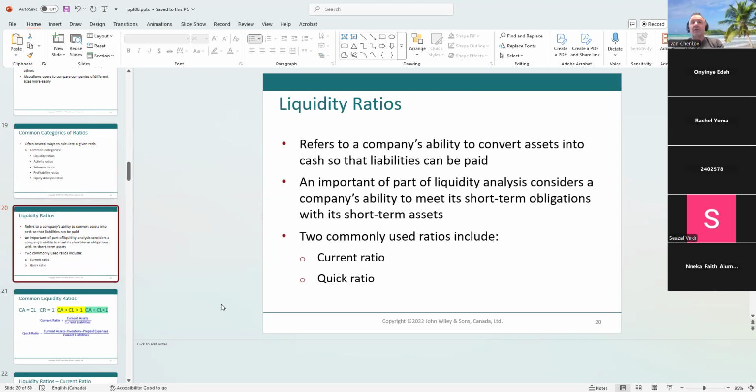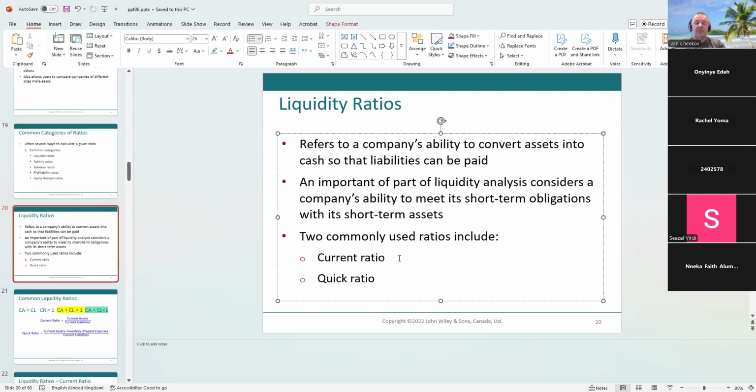The key point on the current ratio is that you want to chase at least 1. How are we going to get that 1? Only and only when the current assets are equal to current liability. Once the current assets are equal to current liability, the current ratio is 1.